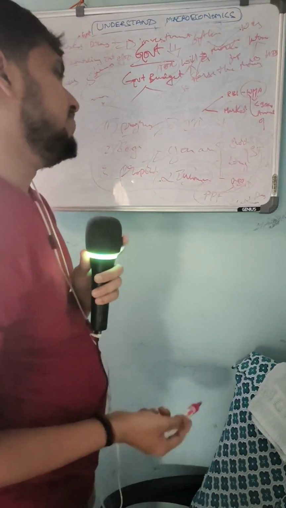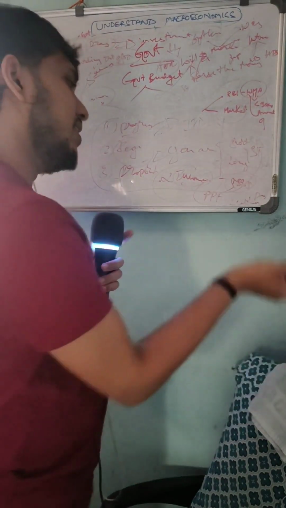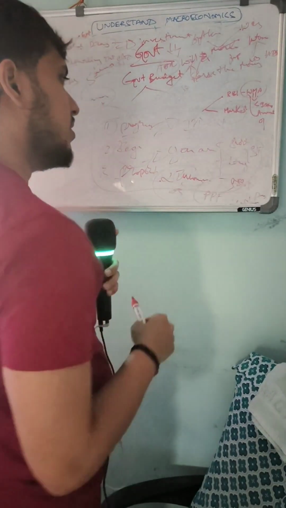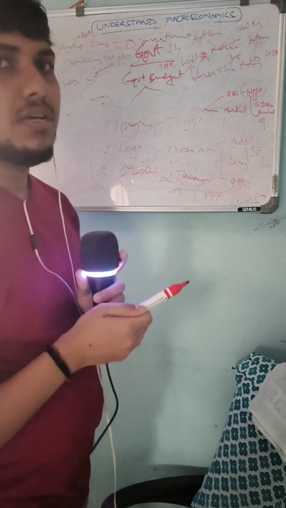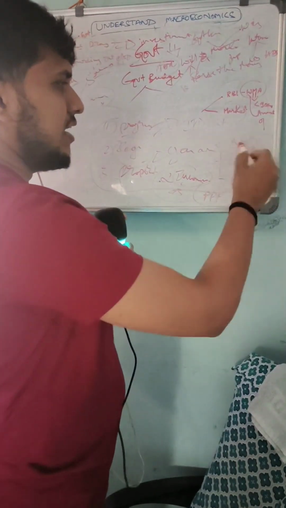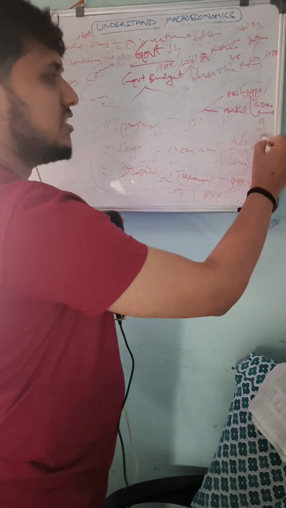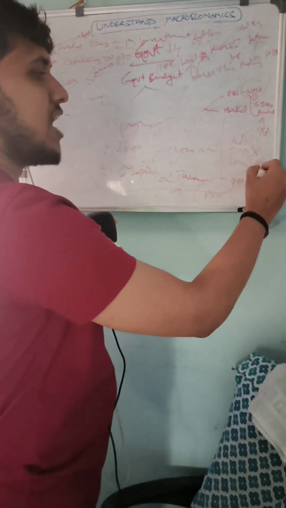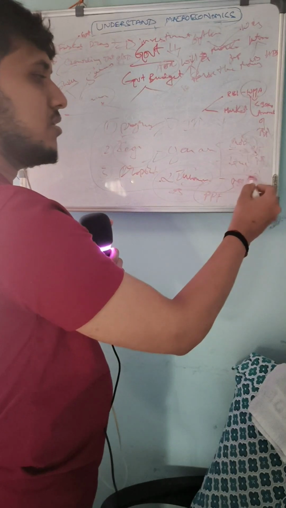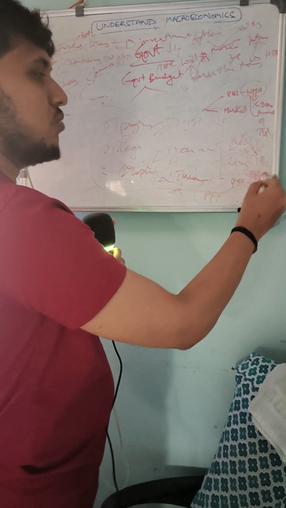All this will be accessed by the government by providing government securities. In short term, there are two types. One is T-bill, another one is cash management bills. In long term, government state development loans.